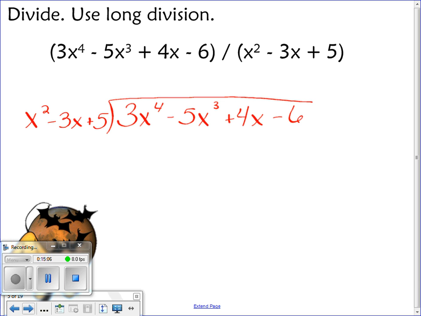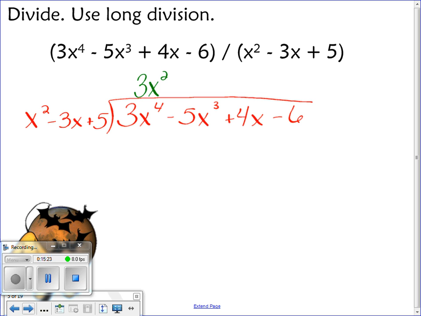What do you multiply x squared by to get 3x to the fourth? 3x squared. All right, and then what do we do next? Multiply.